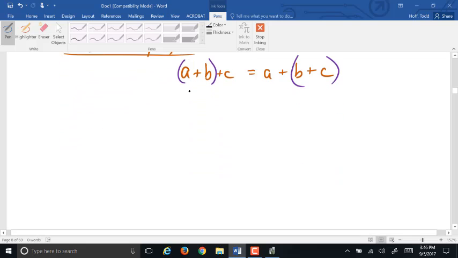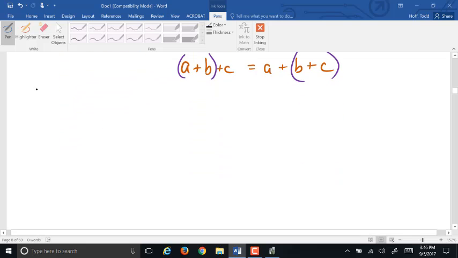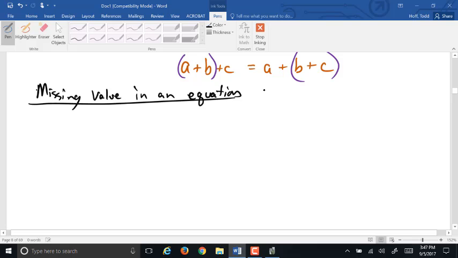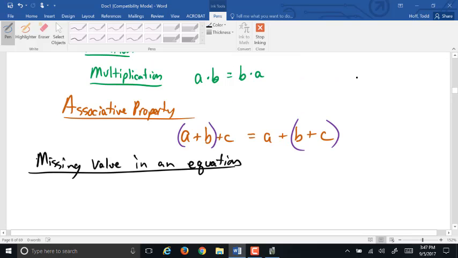The second application of a variable is as a missing value in an equation. For the rules up here, A could be any number. B could be any number. Whatever number we need it to be, it can be that.